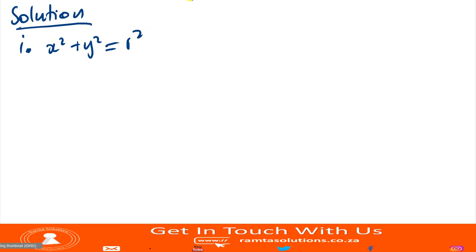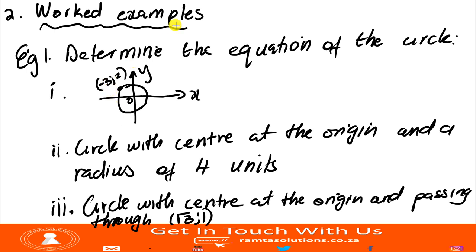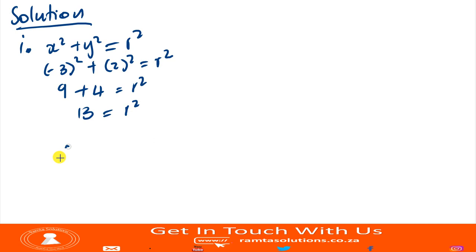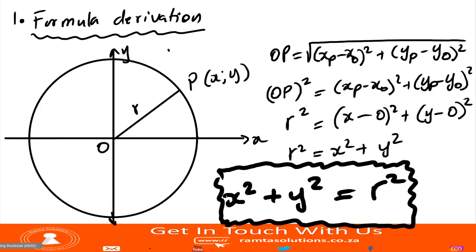What are the values of x and y that we got? -3 and 2. So x is -3 all squared, y is 2 squared. This is r squared. What is this? This is 9 plus 4, right? This is 13. Therefore, the equation of the circle with the origin as the center is x squared plus y squared equals 13, isn't it?